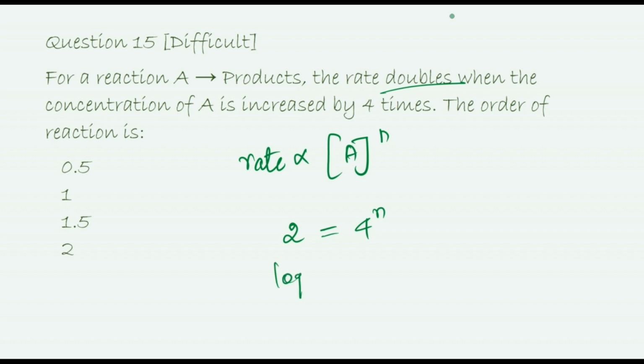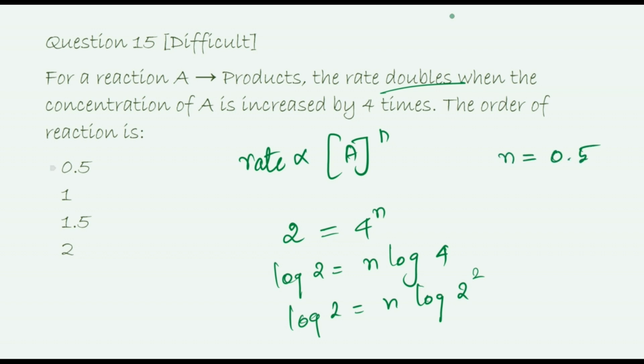So log 2 is equal to n log 4, right? Then log 2 is n log 2 to the power 2, and overall by solving it you will get n is equal to 0.5.